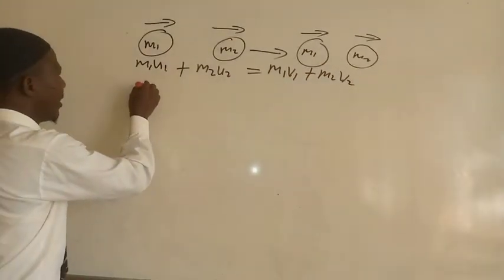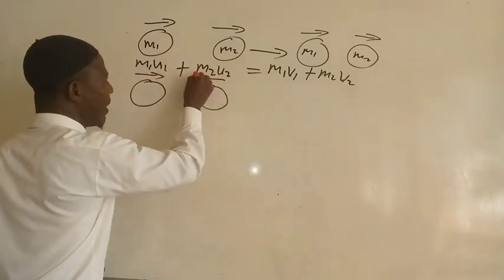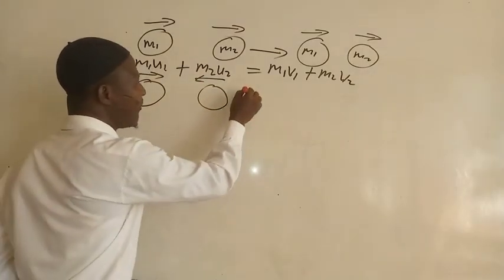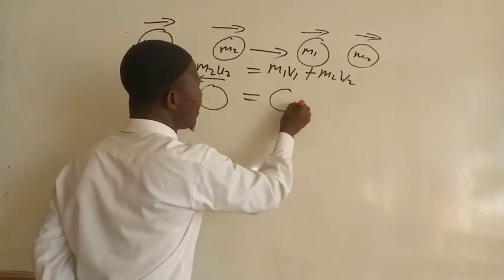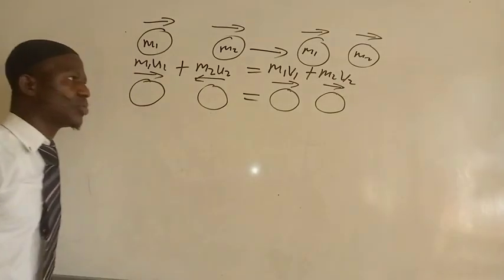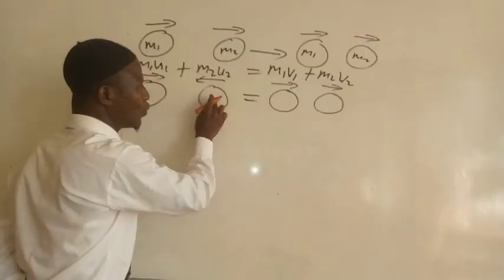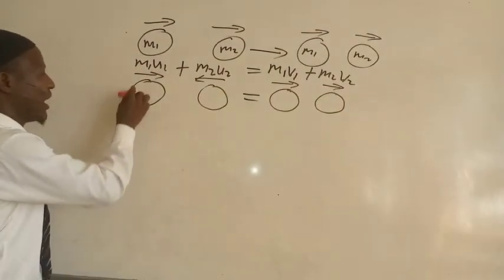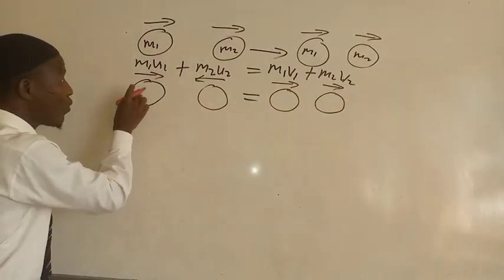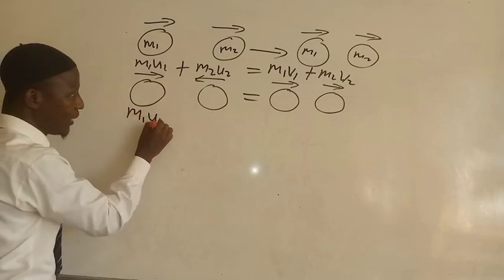Let's say we have this body in this direction, and this one coming like this. After collision, if both of them move in this direction, how are we going to generate the formula? Don't forget, M1, M2. We follow this arrow direction, so M1U1.